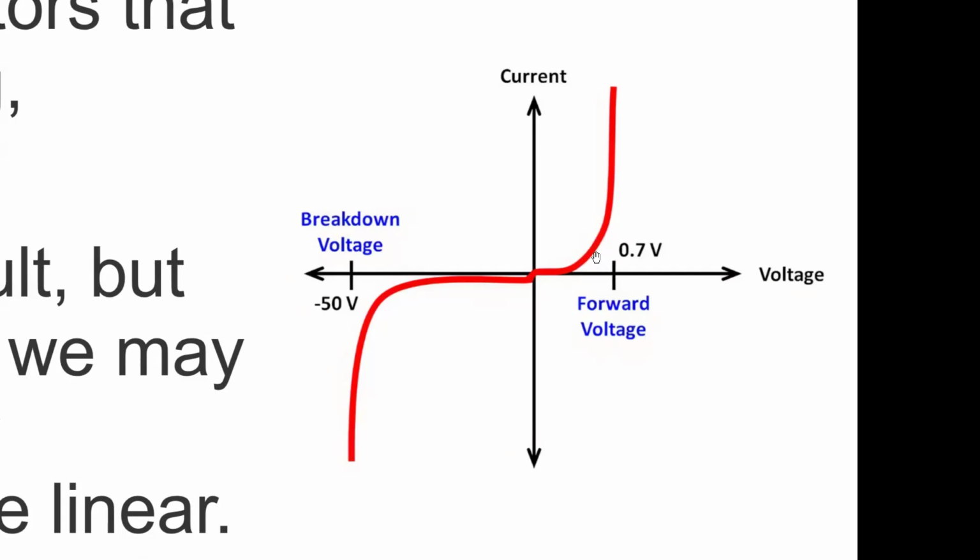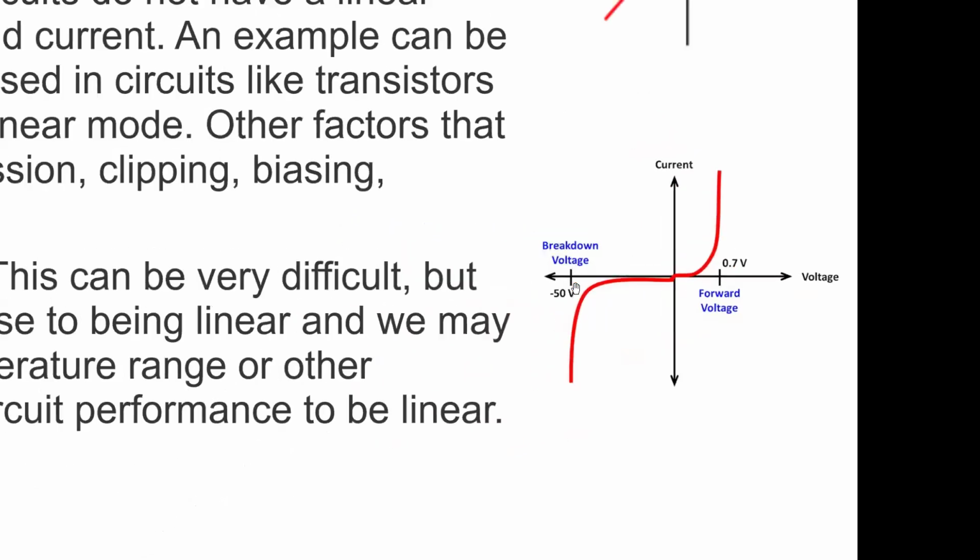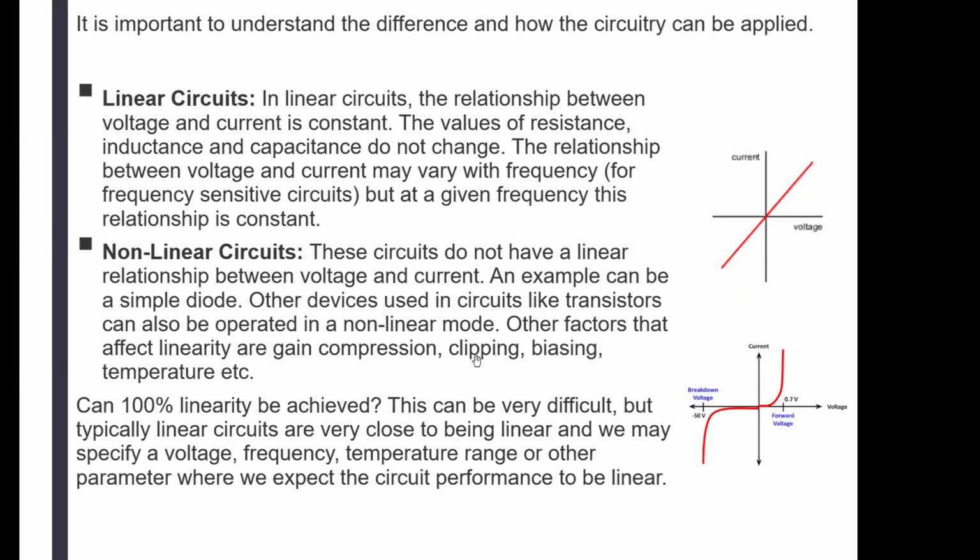The quiescent point is going to be the middle point right here. So we can go that far from the center and that far from the center and stay within the so-called linear region of the transistor. We're going to talk about that further down the road.